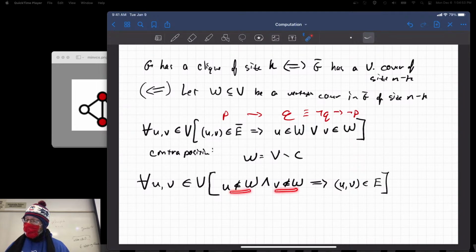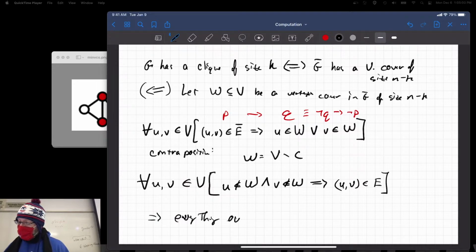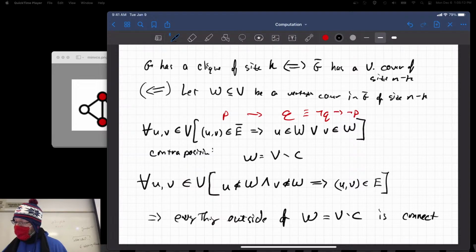So if it's not in this set, and the other one is not in this set, then that means that they're connected. Therefore, everything outside of W, which is equal to V set minus C, is connected. Right. Therefore, what?